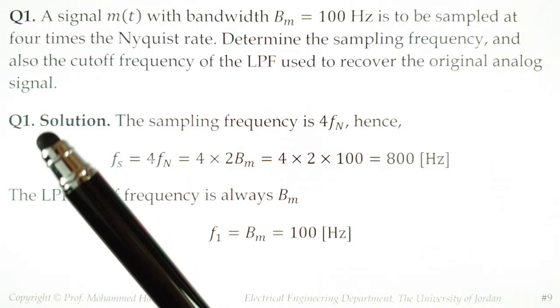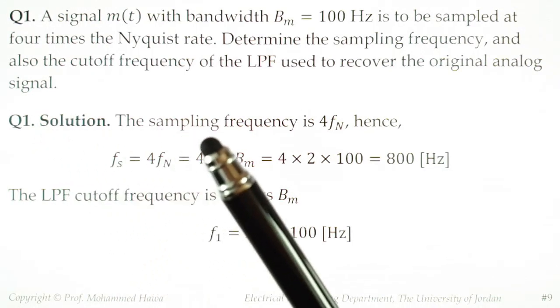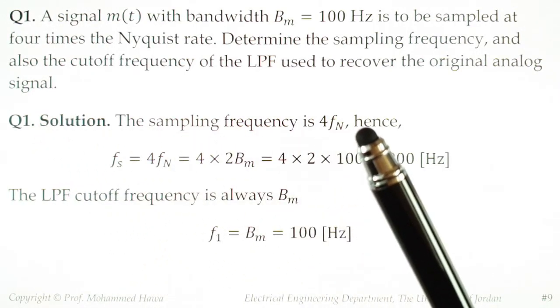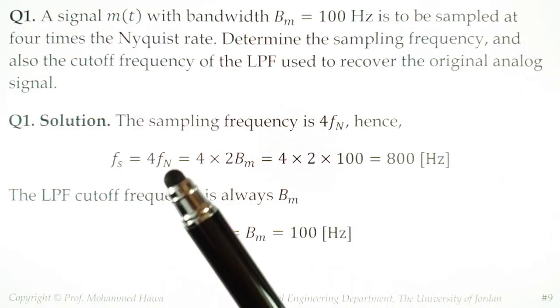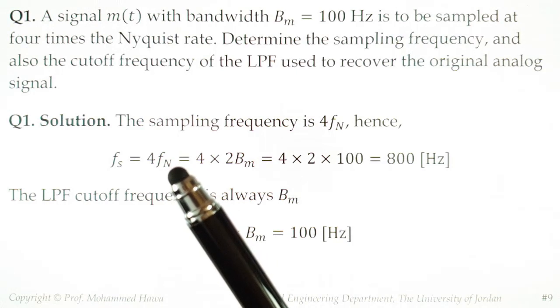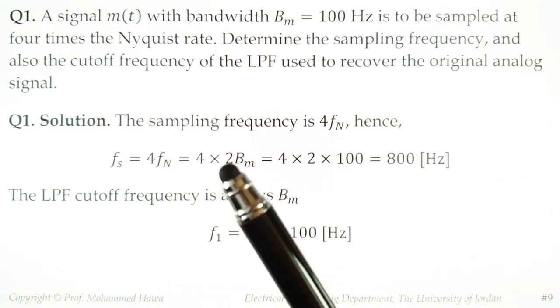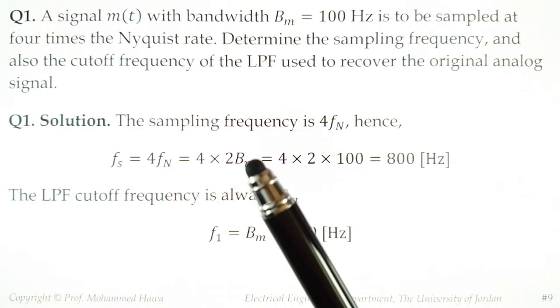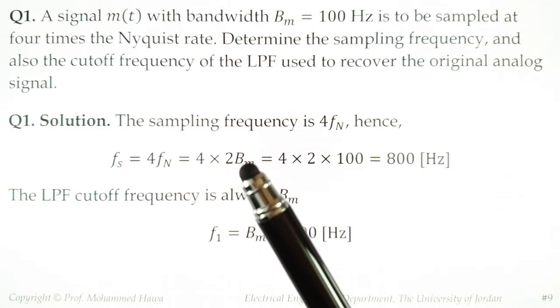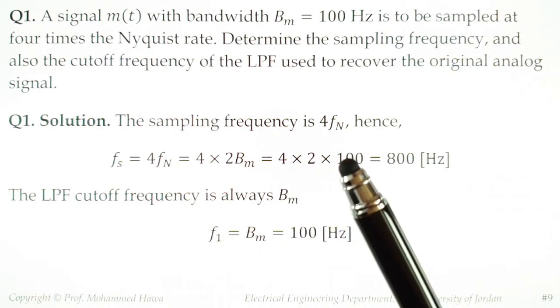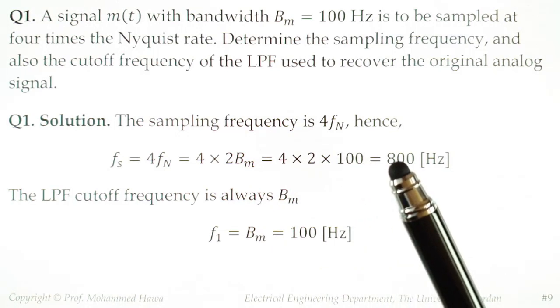The solution is quite simple. I'm required to sample at 4 times the Nyquist rate. So the sampling frequency is equal to 4 times the minimum sampling frequency you can use, which is twice the bandwidth of the original signal. So I need 4 multiplied by 2 multiplied by the bandwidth of the signal, which is 100 Hz. I need a sampling frequency of 800 Hz.